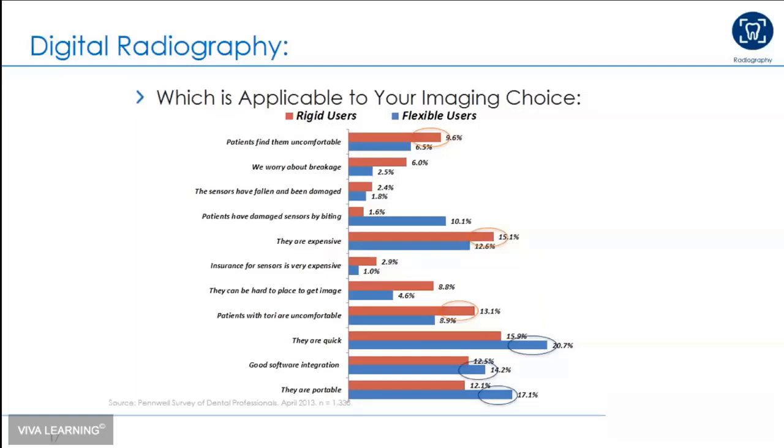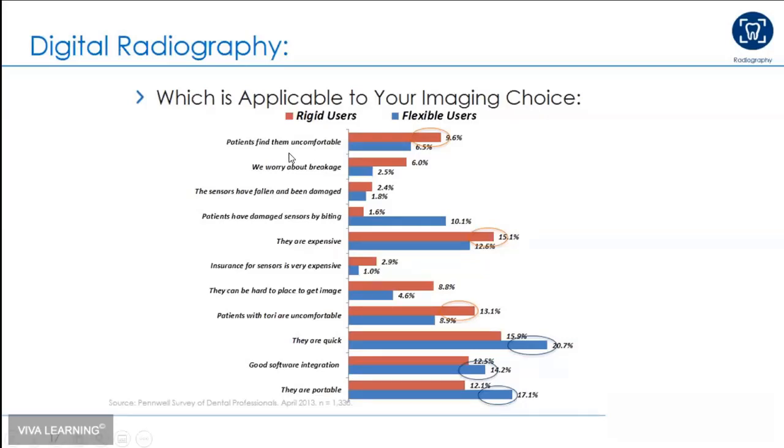If you look at the first bar on top, look at the percentage of patients that find the rigid sensors uncomfortable. The red bar is the rigid sensor, and the flexible or phosphor plate is the blue bar.